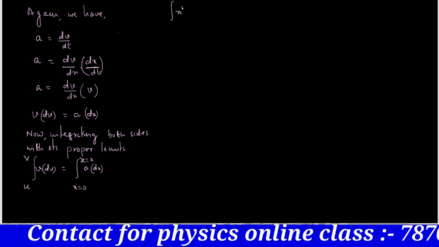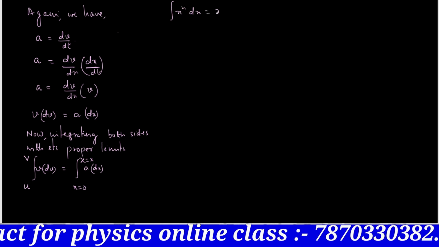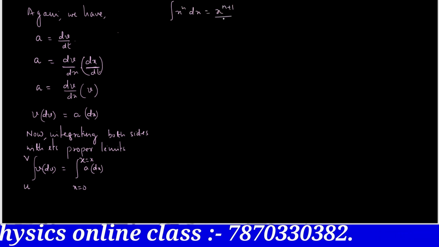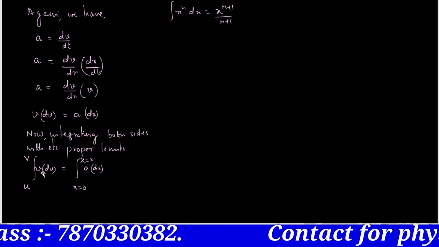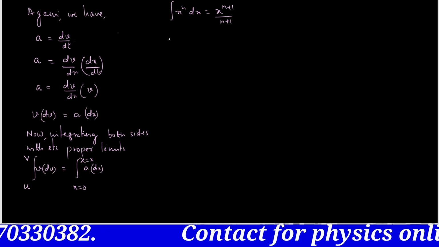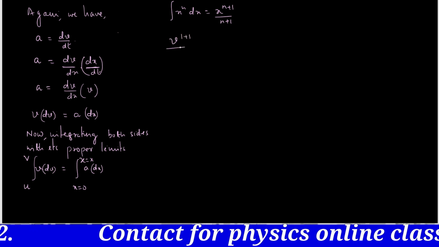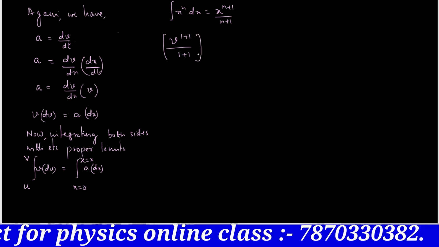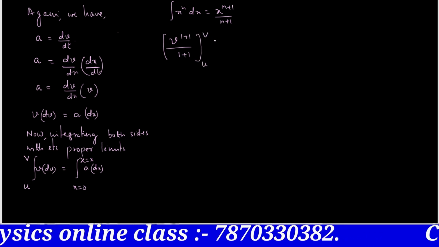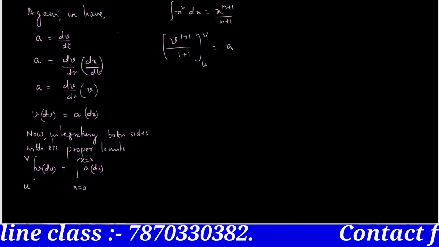As we know, integral of x to the power n dx is x to the power n plus 1 divided by n plus 1. On this basis, I can write v to the power 1 plus 1 by 1 plus 1, with lower limit u and upper limit v, and here a is constant.